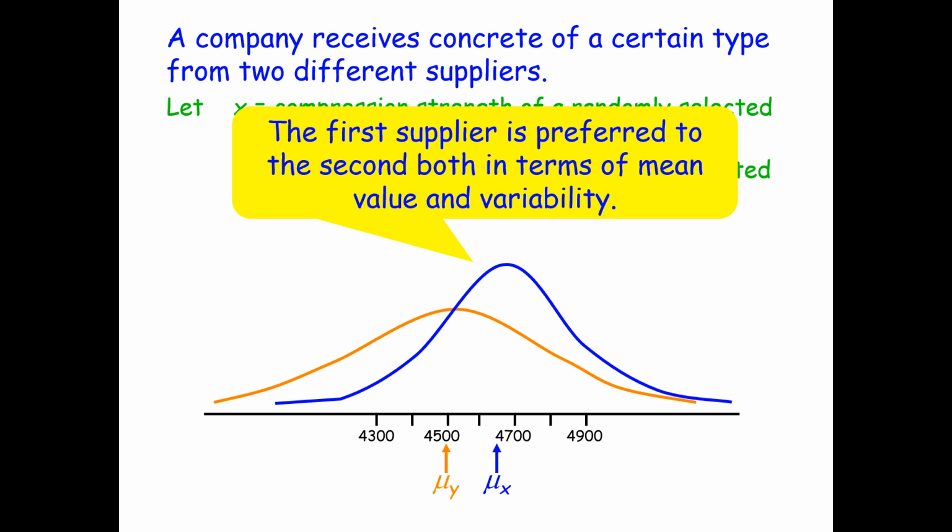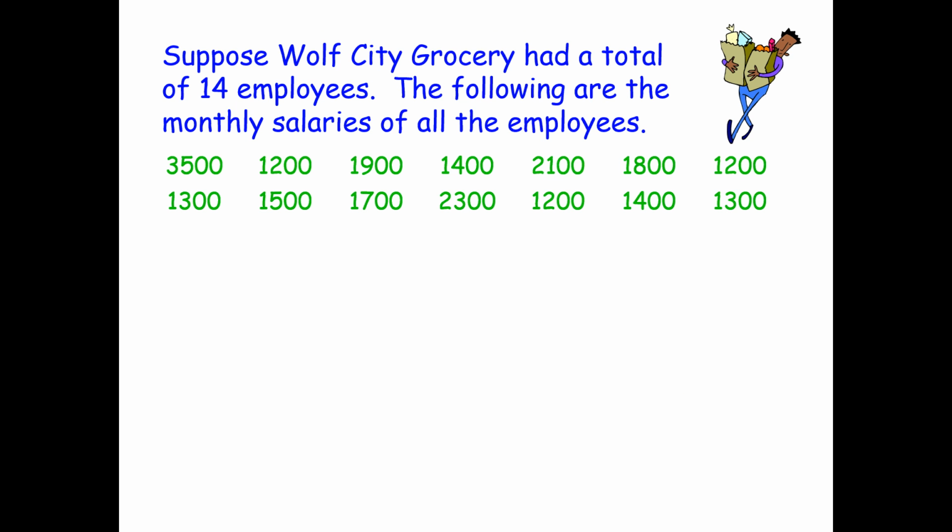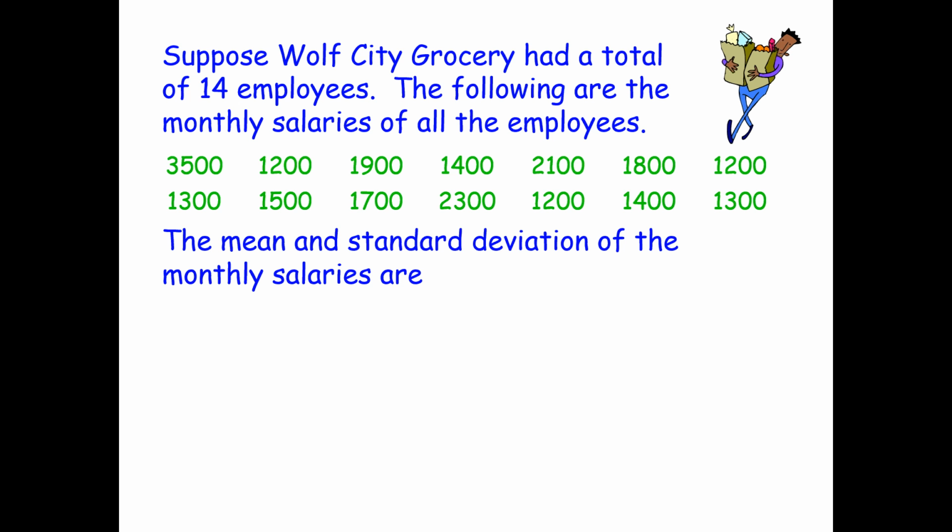Let's go back to Wolf City, but this time let's talk about the grocery. So Wolf City Grocery had a total of 14 employees. The following are the monthly salaries of all of the employees. The mean and the standard deviation of the monthly salaries are going to be mu sub x equals $1,700 and sigma sub x is going to equal $603.56.